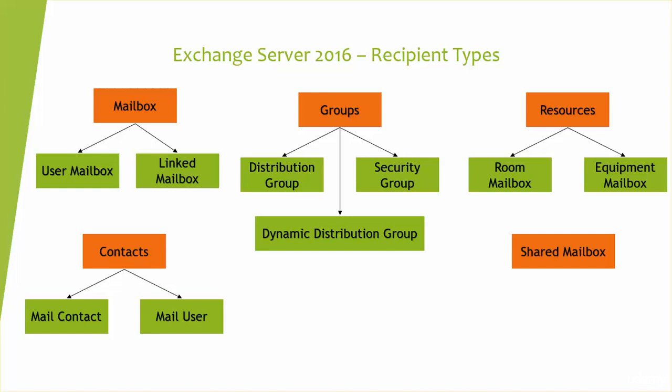The last one that we have is dynamic distribution group. Dynamic distribution group is a really great way of just adding members automatically. So you are adding members based on filters and conditions.